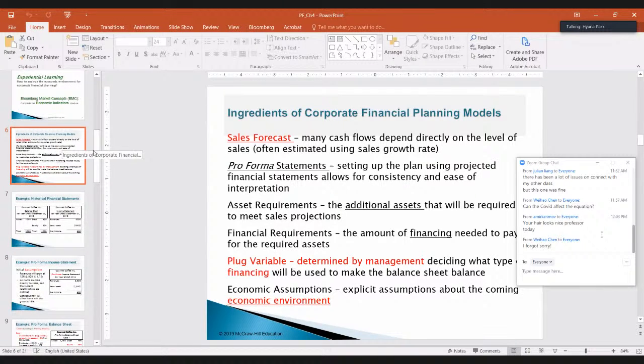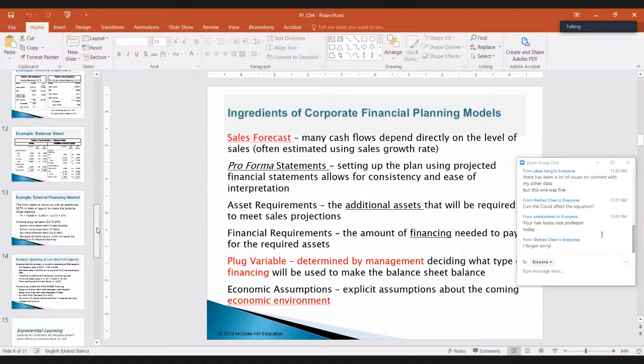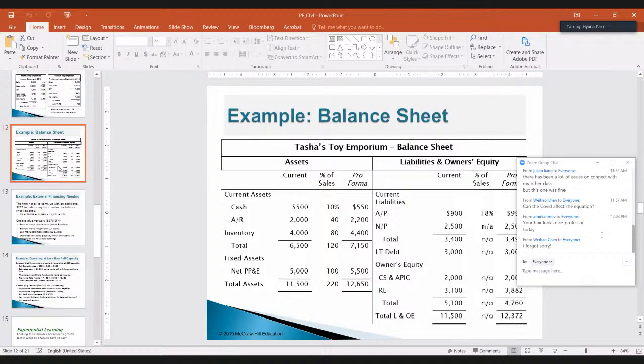From slide 6 to slide 12, this is using a numerical example to show how to construct pro forma financial statements based on forecasts. This is a separate topic, very important but challenging, and I don't think we have enough time to cover all the details, so I will just skim through.